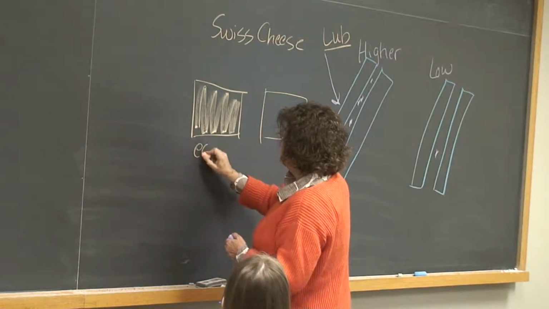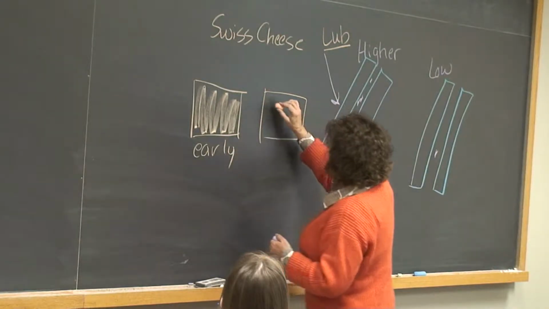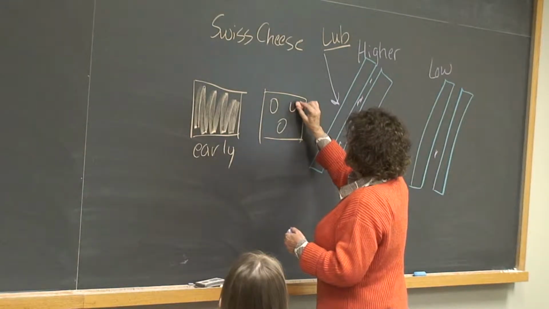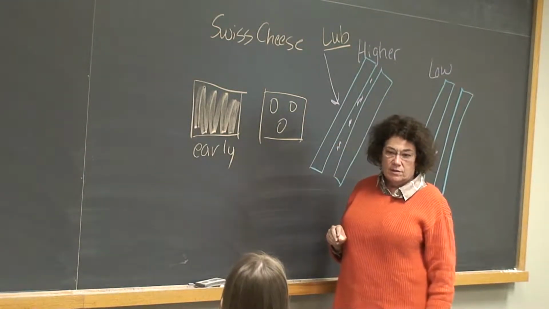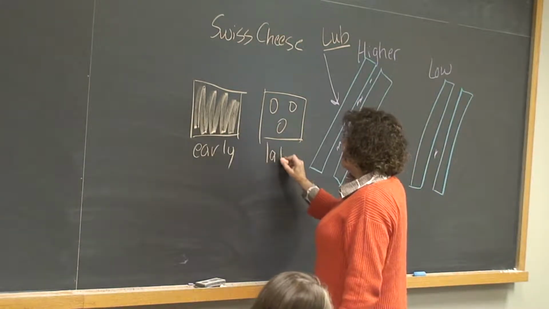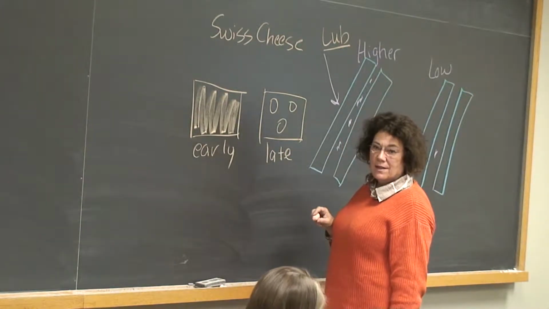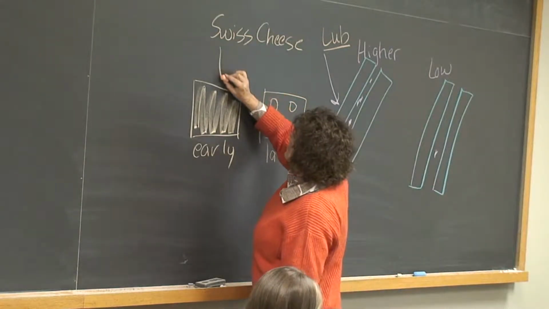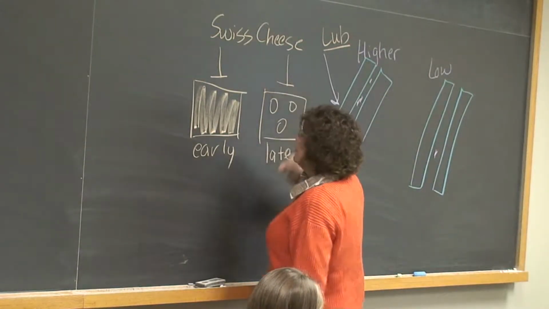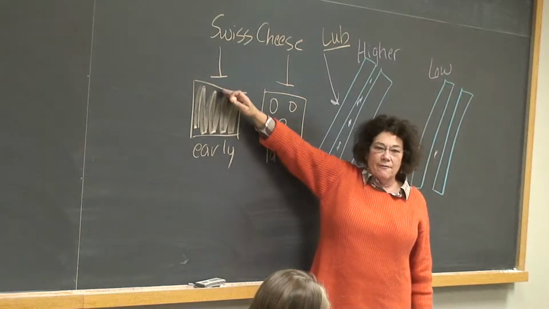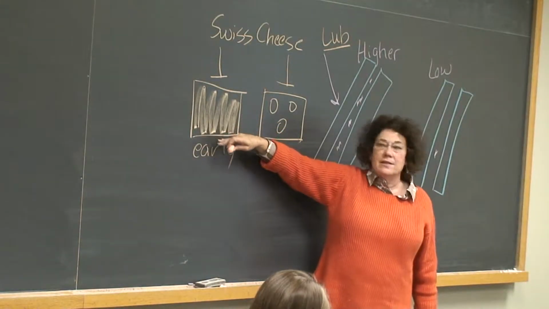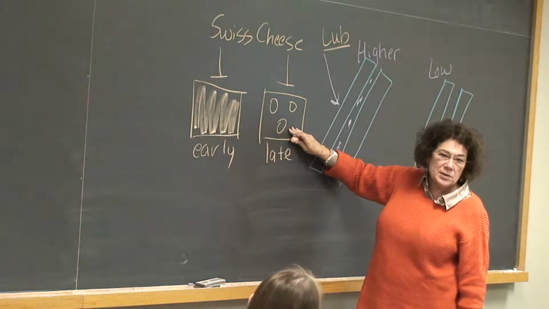And so this is early. But as it ages, CO2 is produced and you see holes. And those holes are like marbling. And if you were going to apply a standard level of force on both of these, it would take more force to segment this solid piece than the piece with the holes.